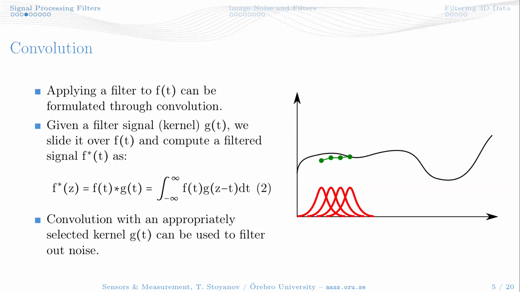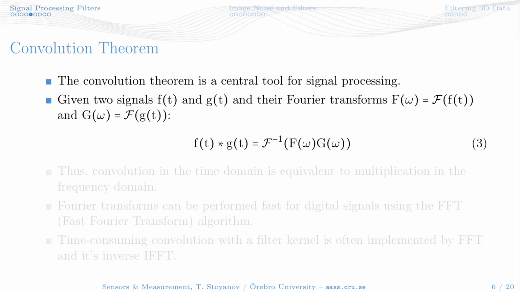So calculating this integral is not something you want to do. Calculating the Fourier transforms is something that we can do very efficiently, right? We have algorithms to do that for us. So we can do FFT, like fast Fourier transforms. So calculating these Fourier transforms is very fast. Calculating the inverse Fourier transforms is also very fast operation.